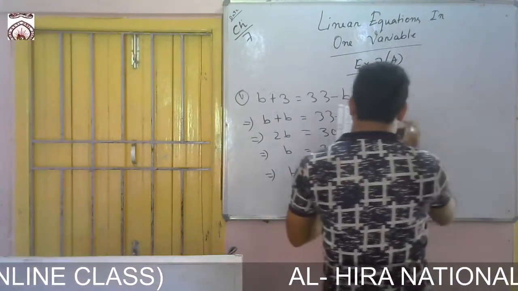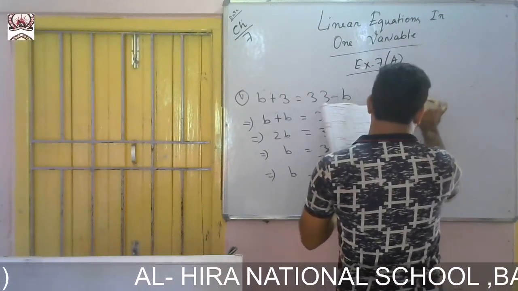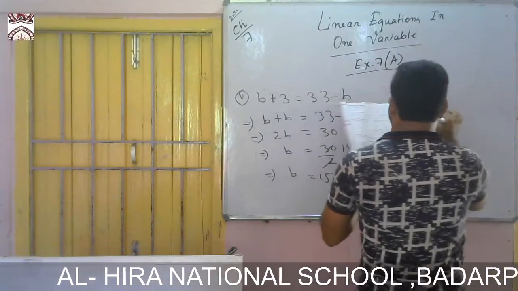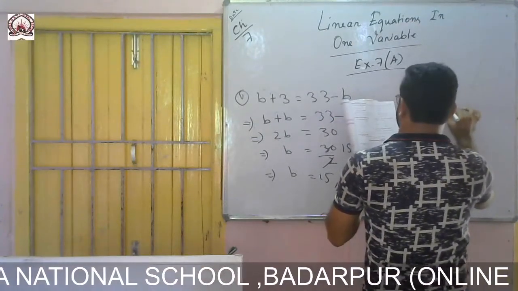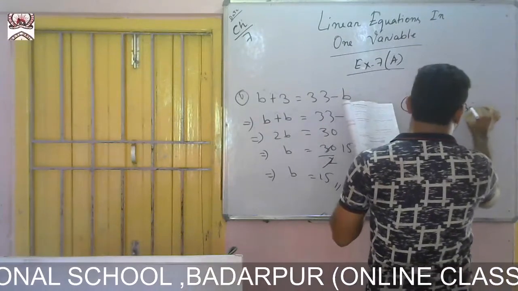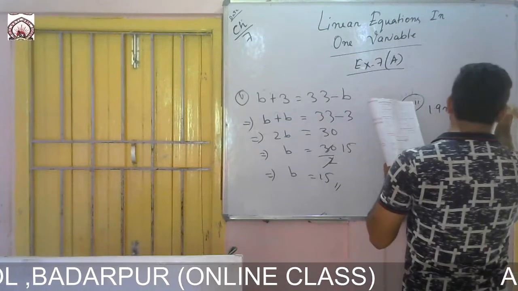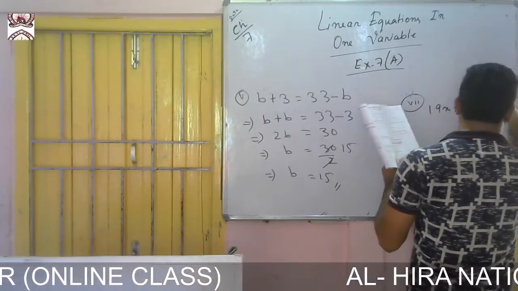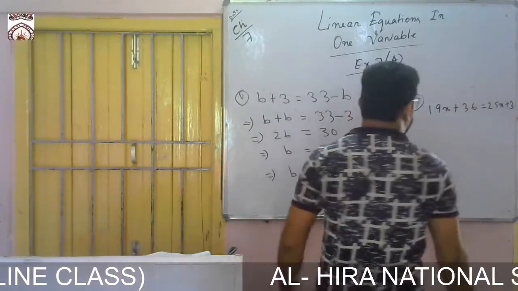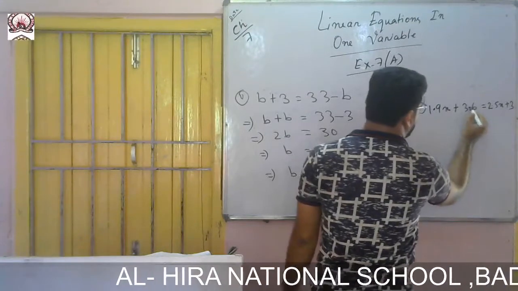So see the question: 1.9x plus 3.6 equals 2.5x plus 3. So how to solve? You check it, 1.9x, these are the points.